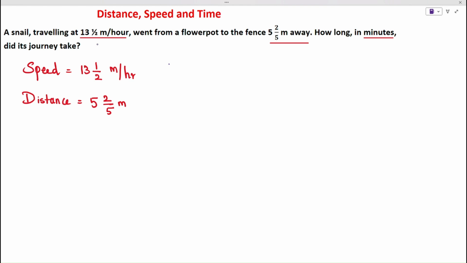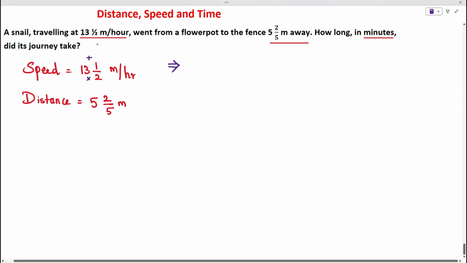So the first step is we're going to turn our mixed numbers here into improper fractions. That just gives us fewer numbers to deal with and it's in an easier format. So 13 1/2 can be written as 2 times 13, which gives us 26, plus 1, which gives us 27.